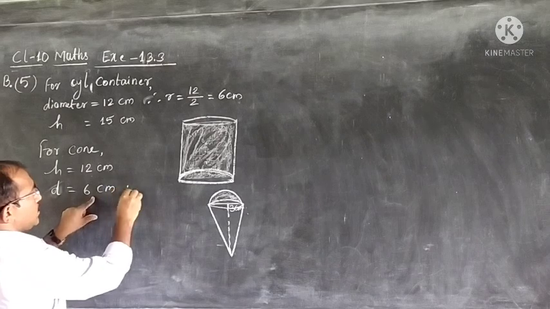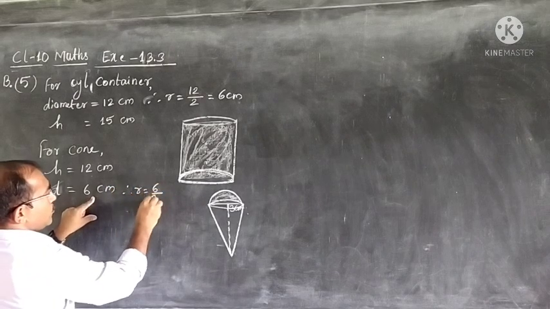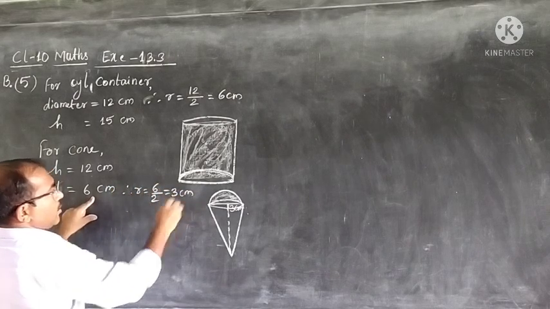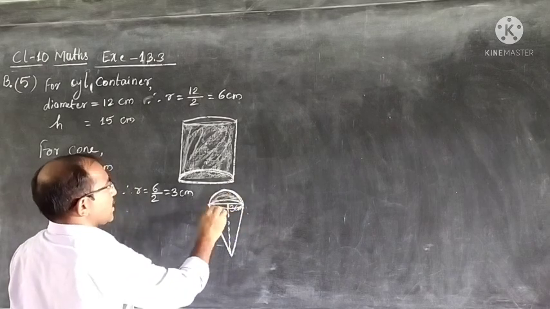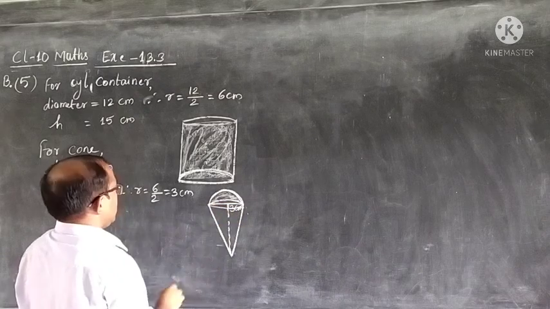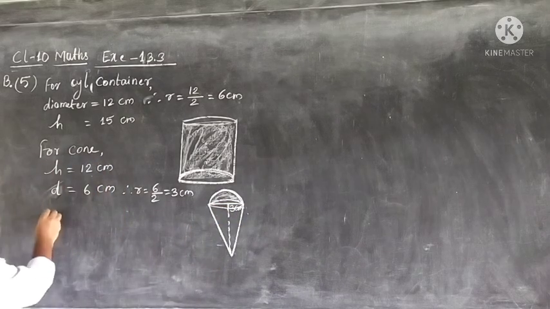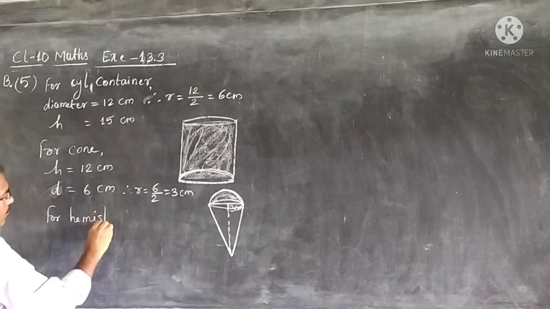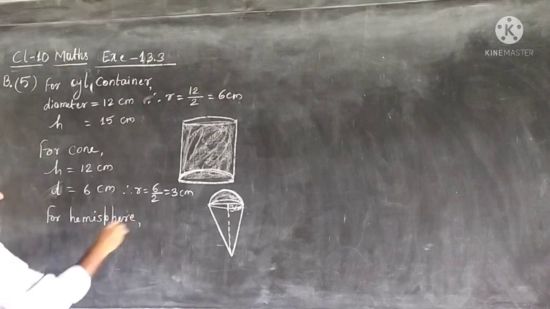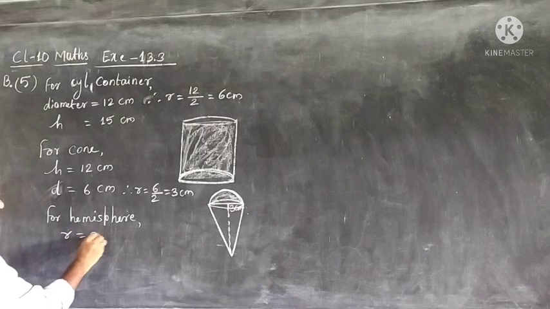We can mention here radius will be 6 by 2, that is 3 centimeter. For the conical portion, and surely for the hemisphere also, the same radius, same diameter will be there. So for hemisphere also the radius will be same, that is 3 centimeter.